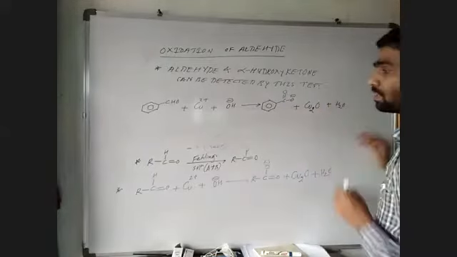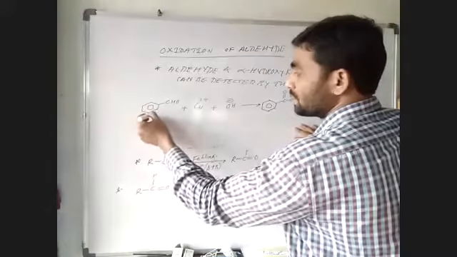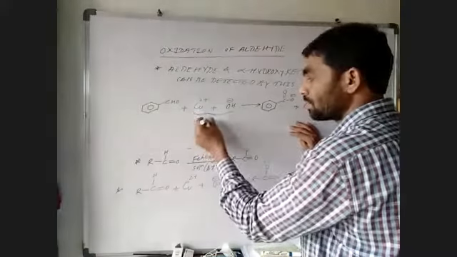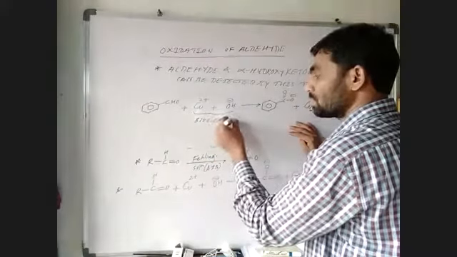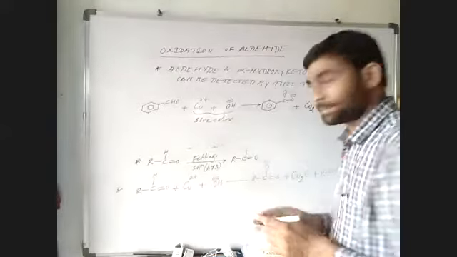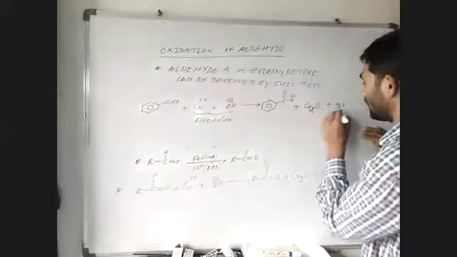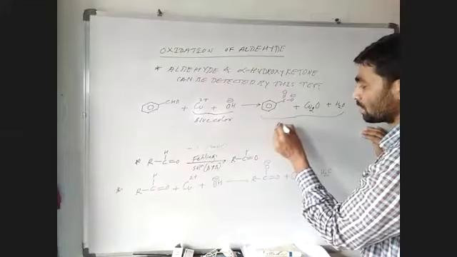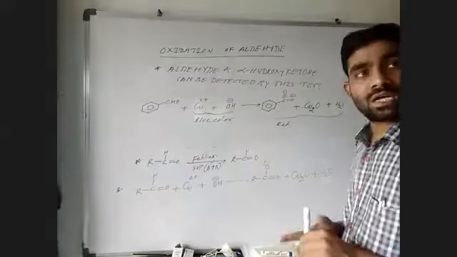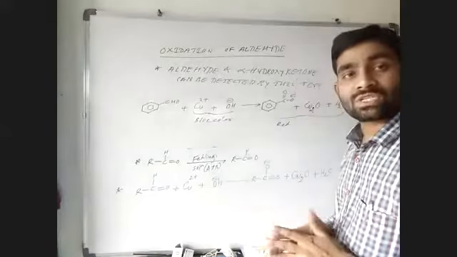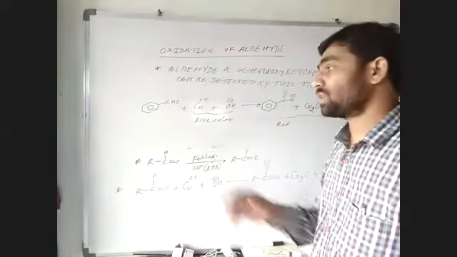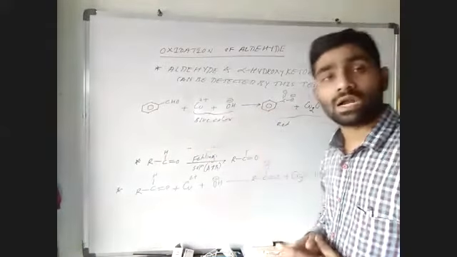Now see, this aldehyde is maybe colorless. This is blue in color. Remember, Fehling's solution is blue in color, and when you have this reaction, the reaction mixture becomes red in color. So it is the color test, a very well-known reaction which involves the oxidation of the aldehyde.